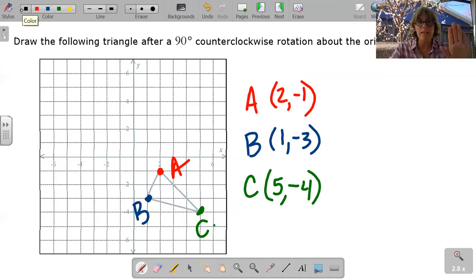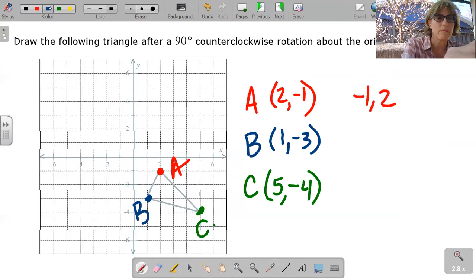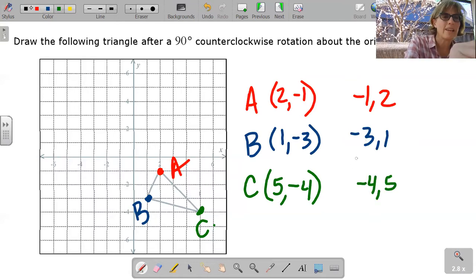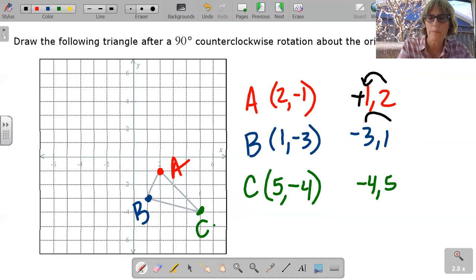So to rotate 90 counterclockwise, you switch and flip to the left. So first we switch. And then we do counterclockwise, flip it on the left.